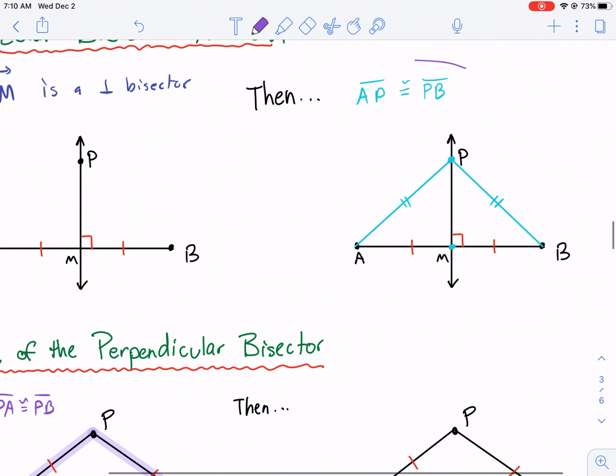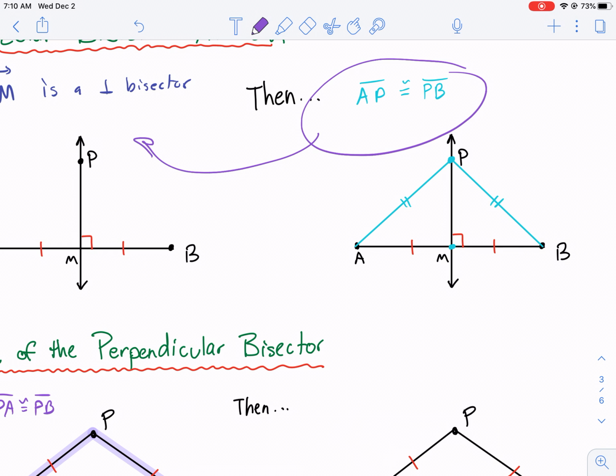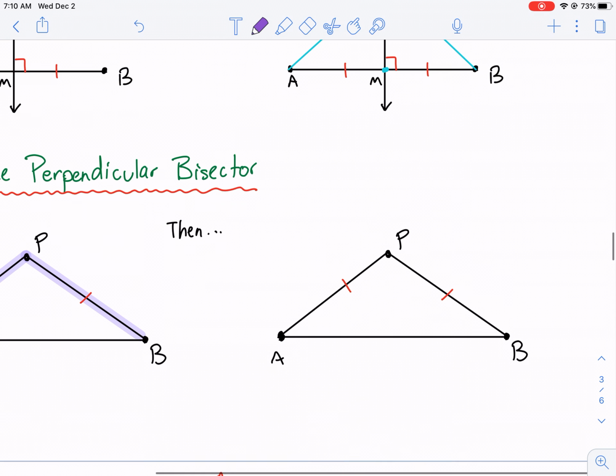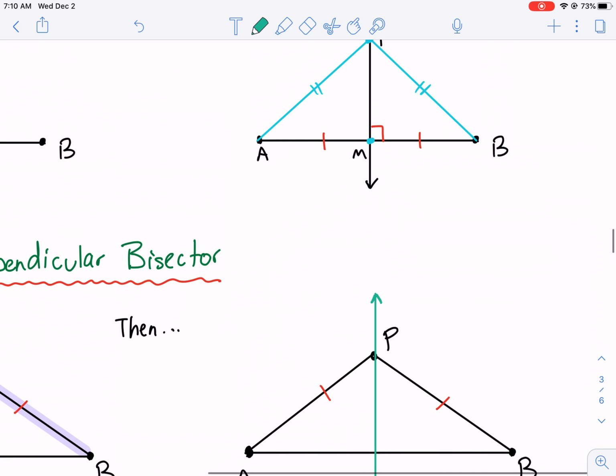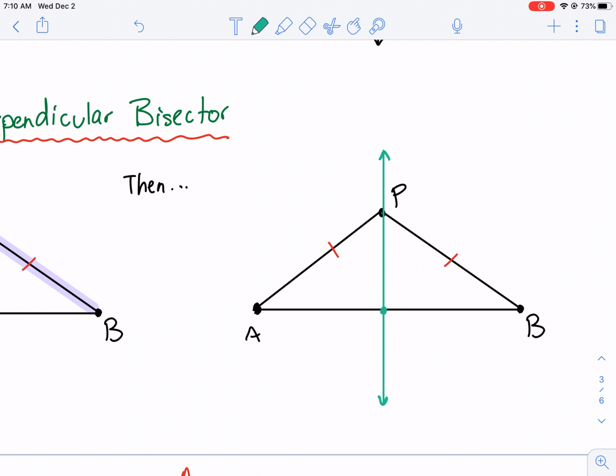So if we draw in a little perpendicular, let's make it green, and label the point M, then PM, with its little hat on, is a perpendicular bisector.